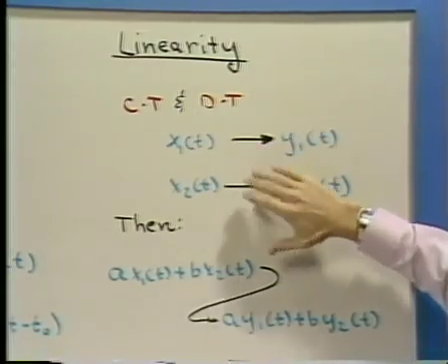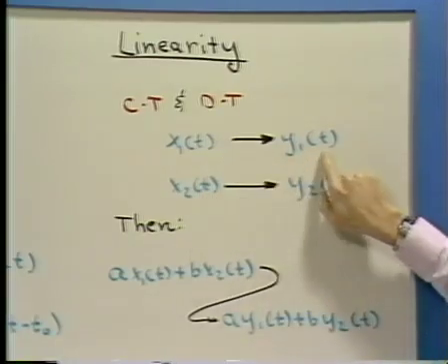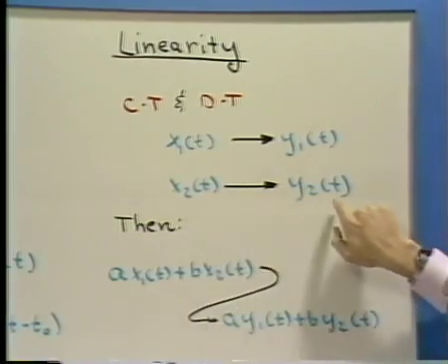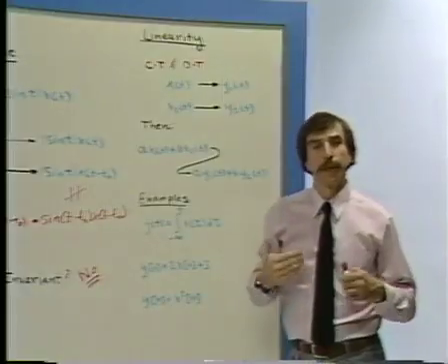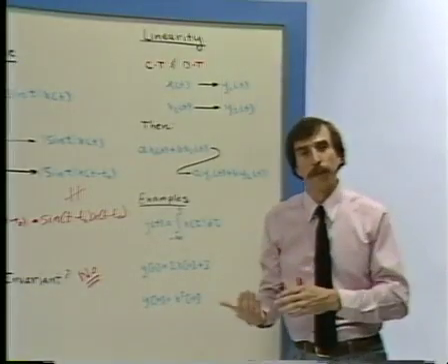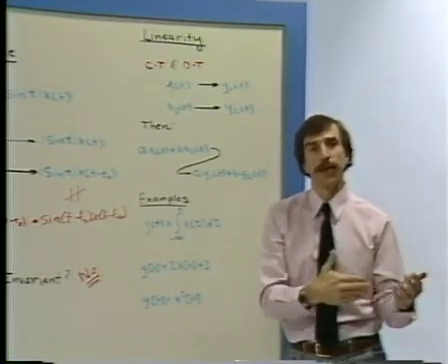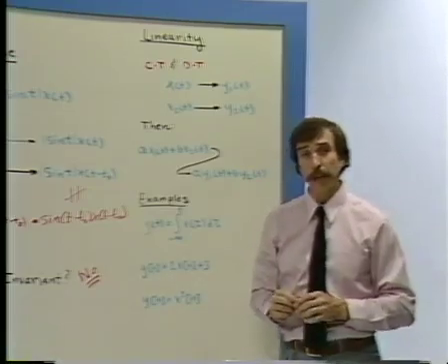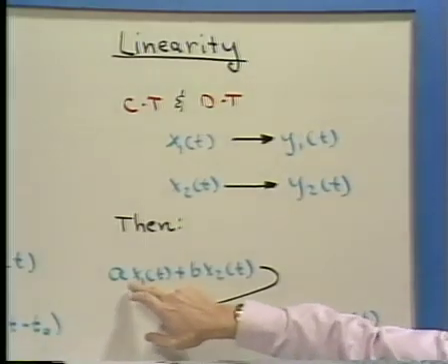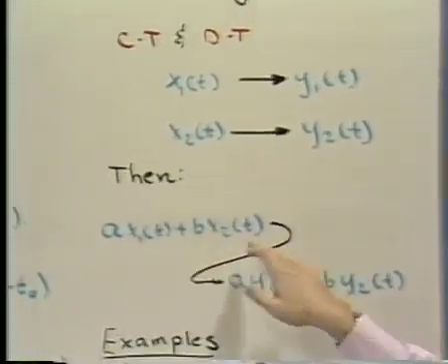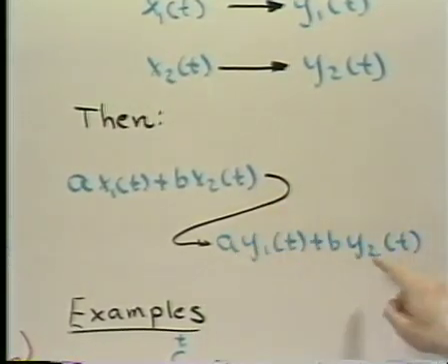What it says is that if we have some inputs with associated outputs, let's say x1 of t and x2 of t, then a system is linear if the output to a linear combination of those inputs is the same linear combination of the associated outputs. So if we now put into the system a linear combination of those inputs, then for linearity, we require that the output is the same linear combination.